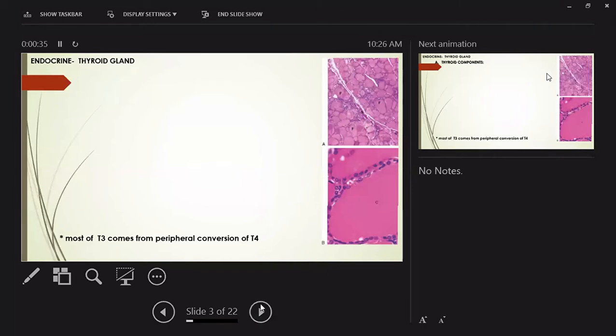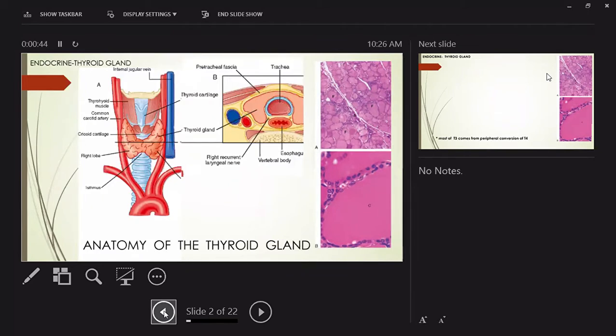Joanne? Sa biochem po, Doc, wala pa po. Pero sa gross anatomy po, na-discuss na po siya ni Doc Viernes. Are you done with endocrine in biochemistry? Not yet po, Doc. Wala pa po.